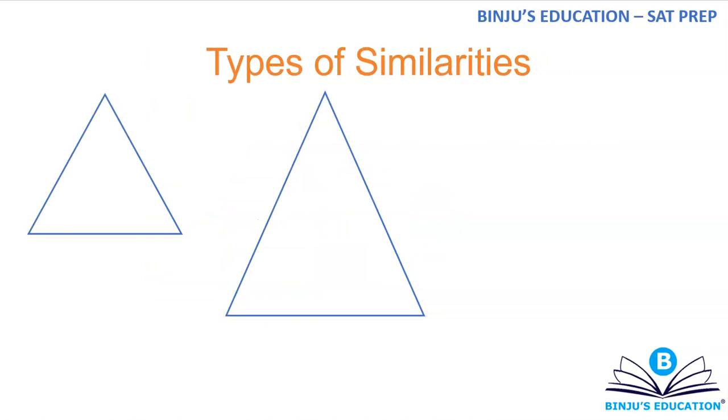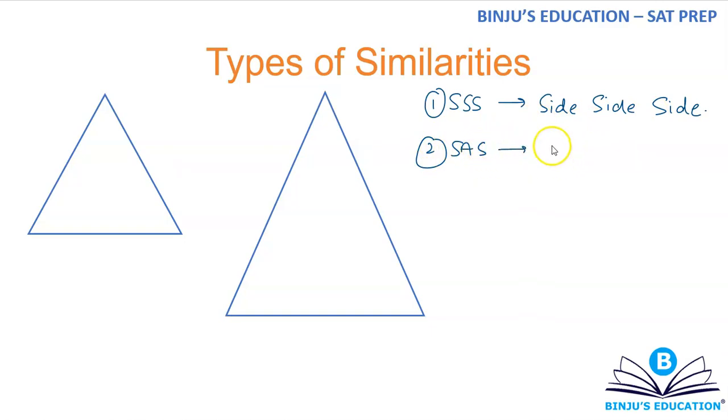First thing is, what are the different types of similarities? There are basically three types of similarities. The first one is known as SSS, which goes by the name of side similarity. What exactly it is, we'll discuss that. Second one is SAS, which is side angle side similarity.